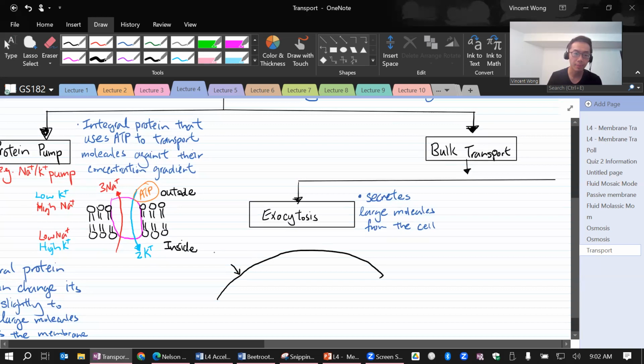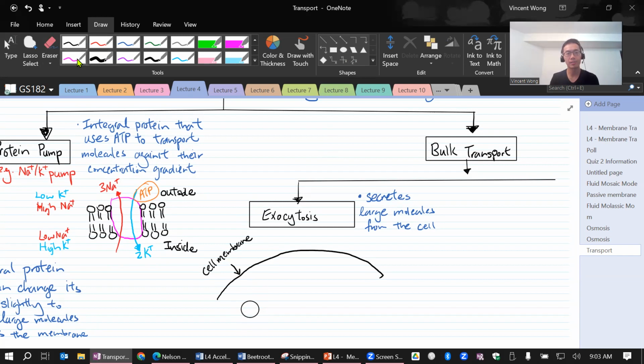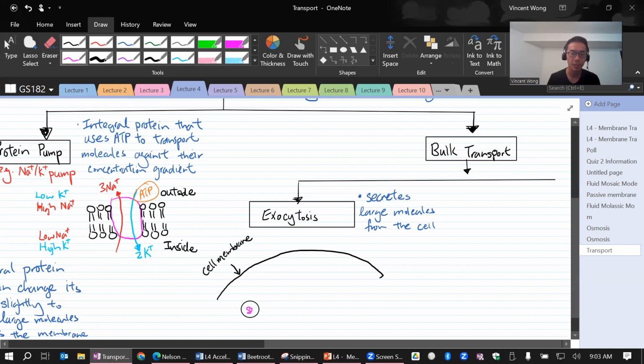Okay, so this is cell membrane. We might have a vesicle that's freshly made from the Golgi body, right? There's a protein in here. And I showed you before, this vesicle has multiple destinations, right?